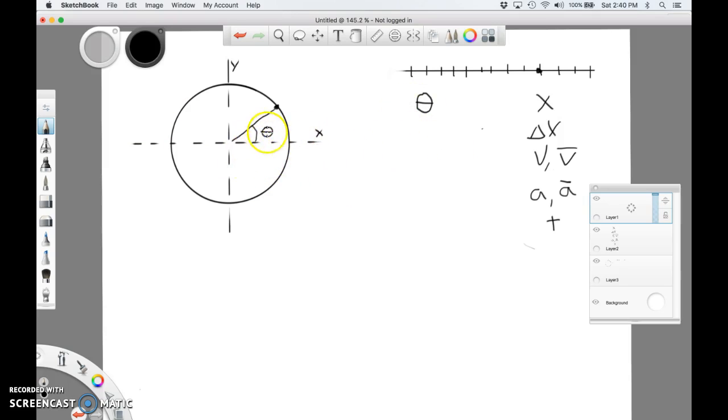Now, before we continue, angular position can be measured in degrees or radians. In this chapter, we're going to be focusing on radians, okay? Occasionally we'll talk about degrees, but our focus will be in radians. And so I'll put right here, this is measured in radians, okay?